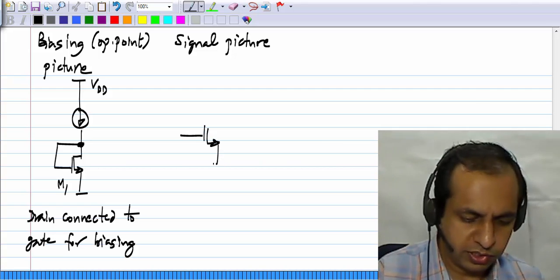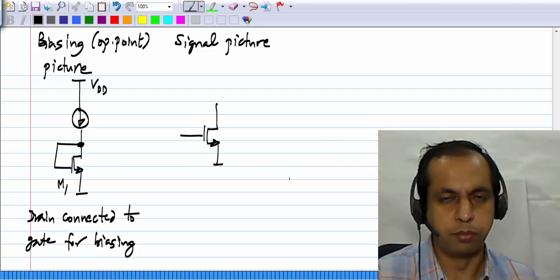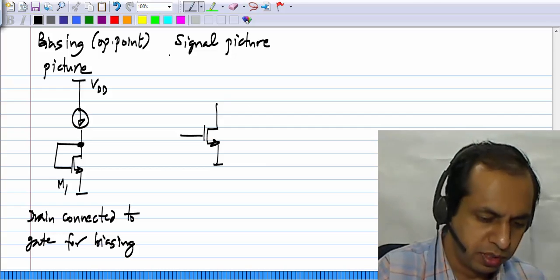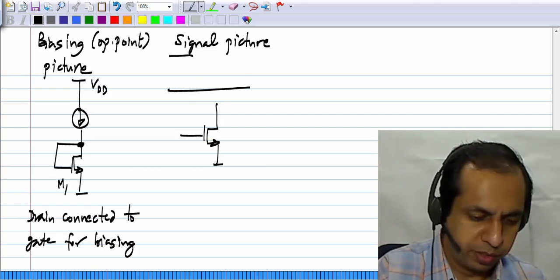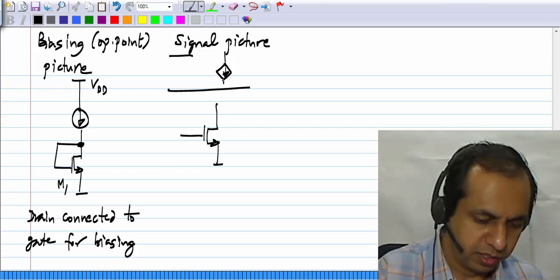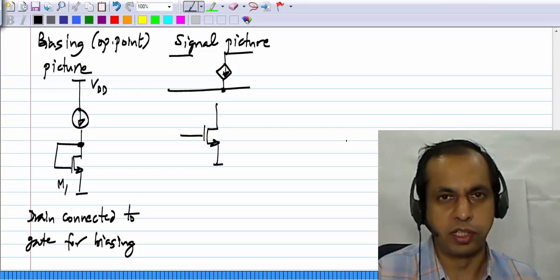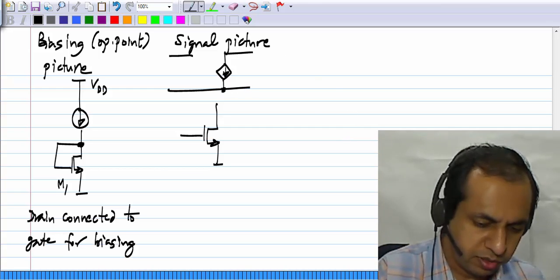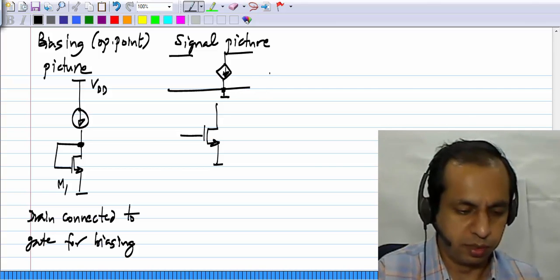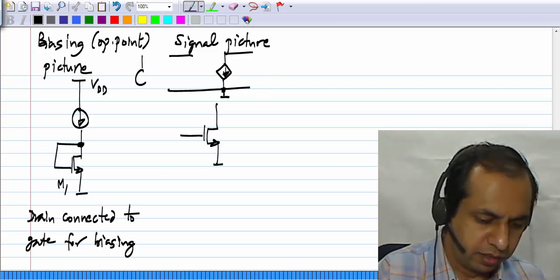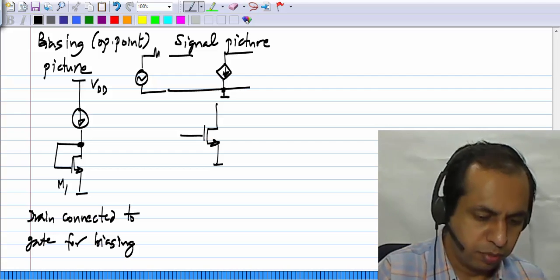I will show a MOS transistor instead of its small signal picture. I could also show that. Let me show both, and later, depending on convenience, I will show only one or the other. This is the small signal picture. What should happen? The source should be grounded in the small signal picture, and the source Vs must appear here.